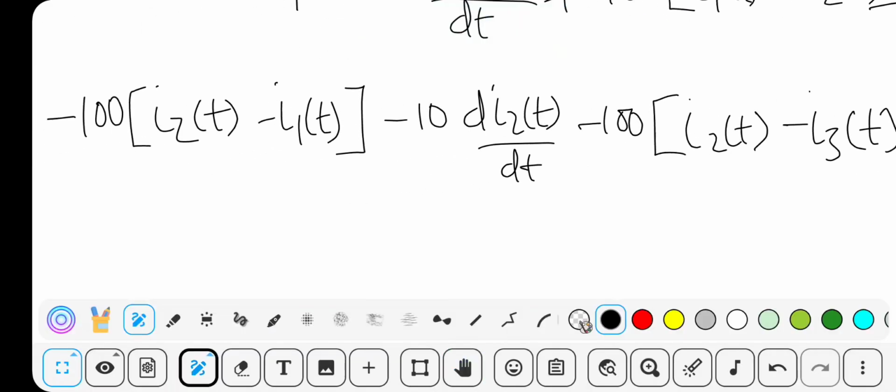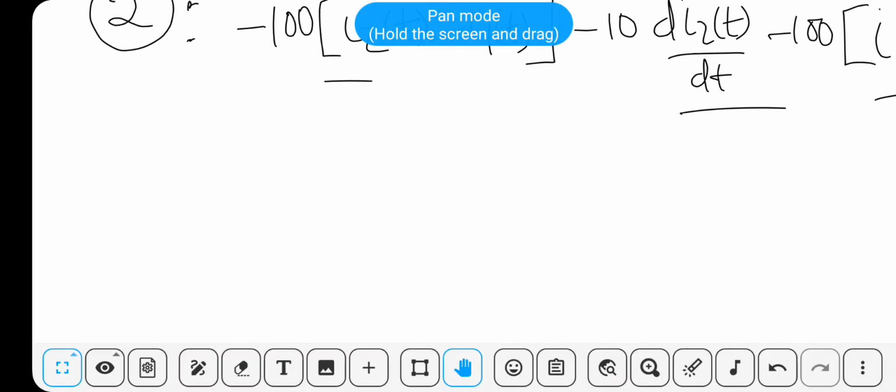This is the inductor, the resistor common to mesh 1 and 2, and the resistor common to mesh 2 and 3.